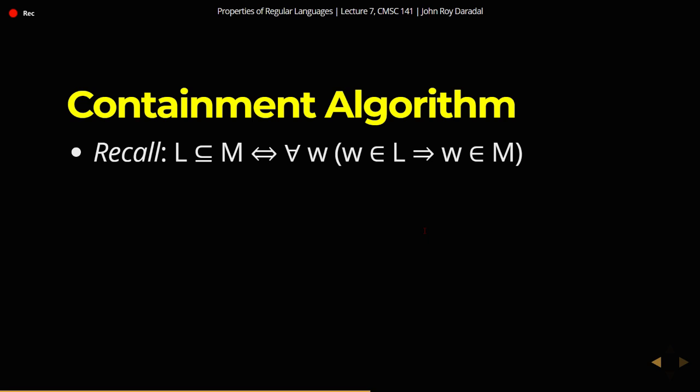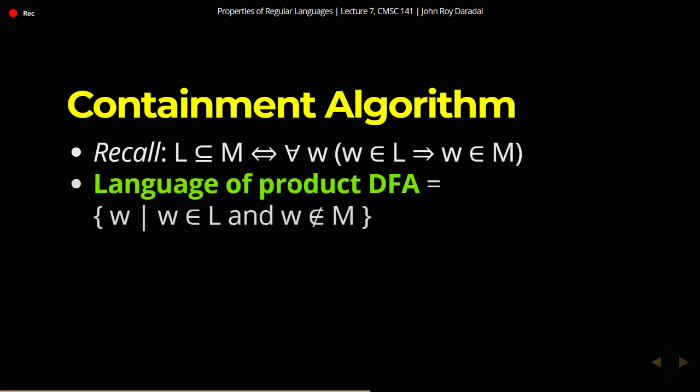Now recall that to show that L is a subset of M, for all strings W that are part of L, they must also be a part of M, right? For it to be a subset. Okay? But for the product DFA, because we want the strings that are in L but not in M, we are actually trying to find out the opposite language of this one.